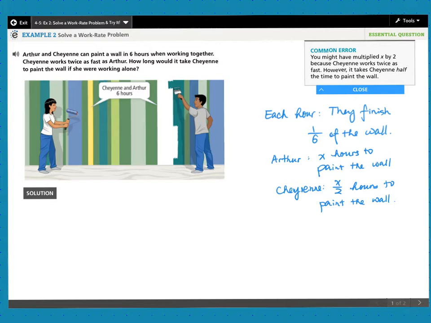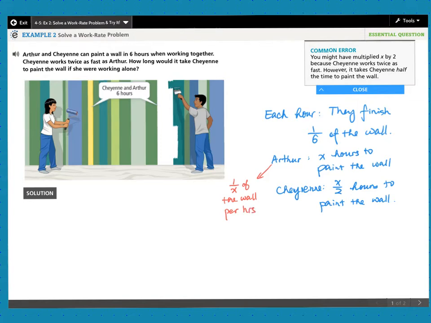And now it's asking you, how long will it take Shanine to paint the wall if she were by herself? So what we do know is that Arthur would be painting 1 over x of the wall per hour.